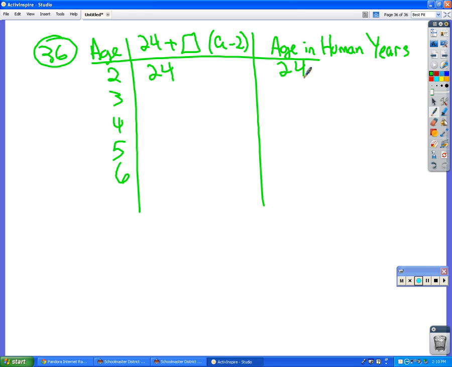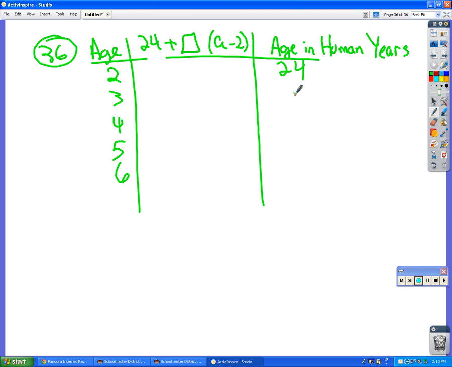So the age in human years after 2 years would be 24. Then after that, you are going to add on another 4 years for every one. It says each year after age 2 is equivalent to 4 human years.